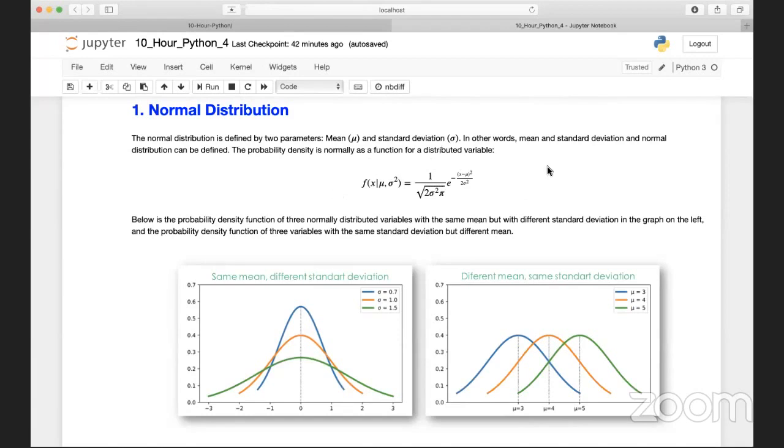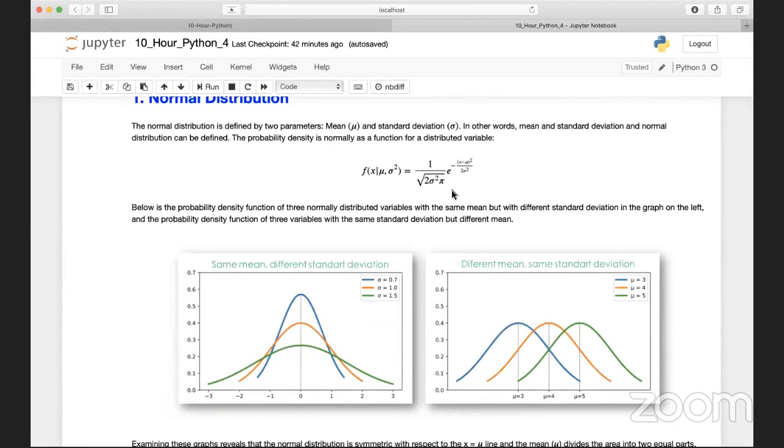So this equation right here is called the probability density function because it gives an initial idea about the density of the data set. That's why it's called probability density function. Why is it probability? Because f represents the probability. The result of this equation gives us the probability of a specific point. You see X here? X is a specific point.